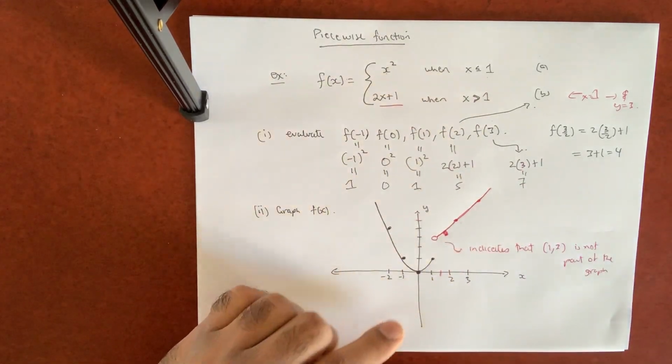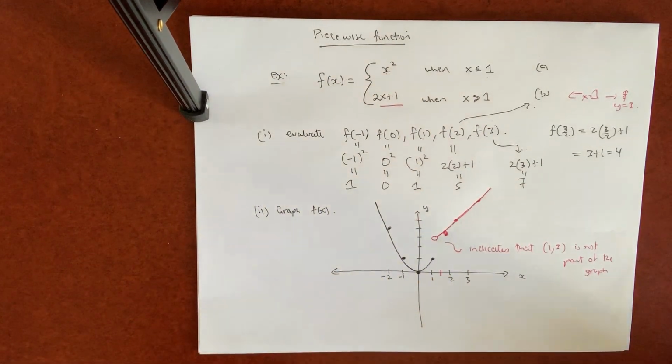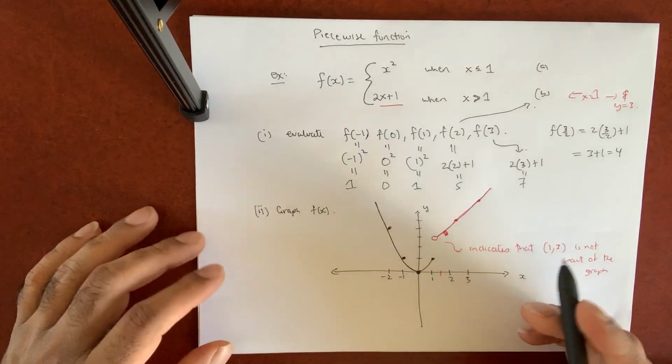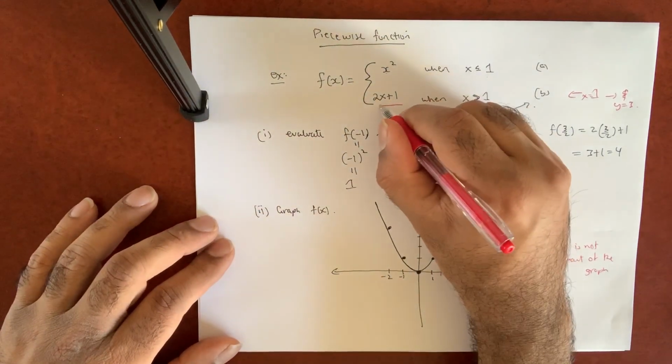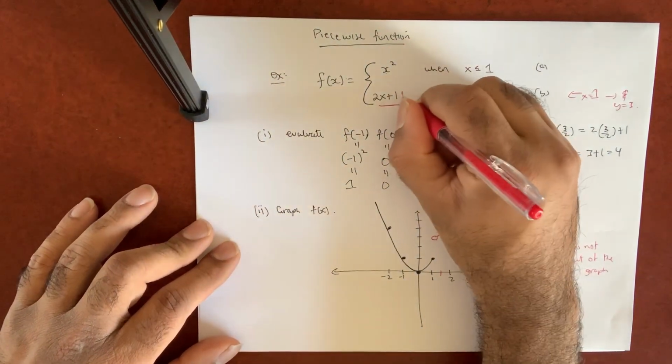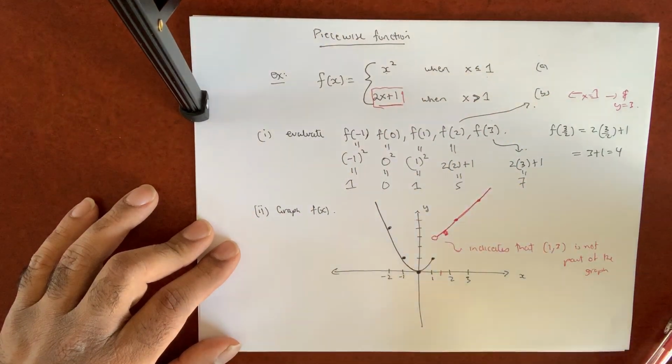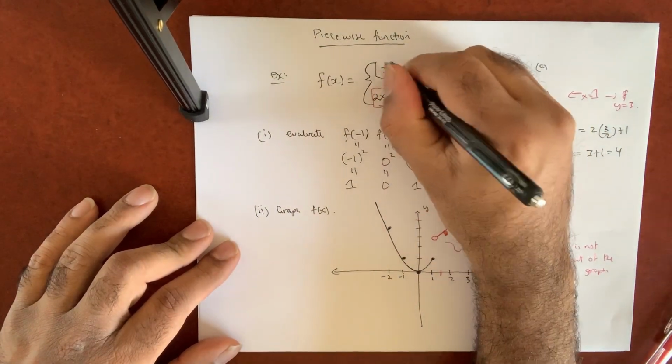However, everything else is part of the graph. So this is the overall graph of the function, where the red piece corresponds to the second part, and the black piece corresponds to the x squared portion.